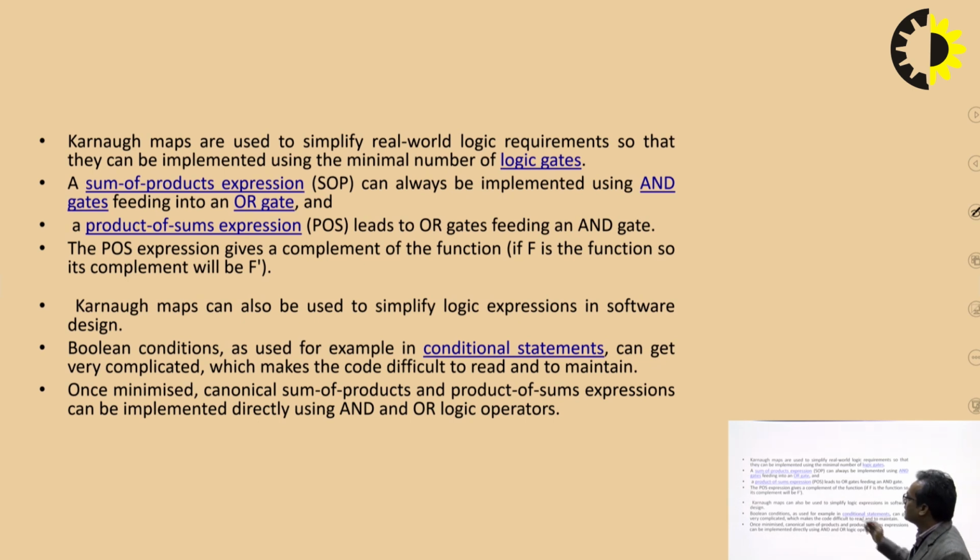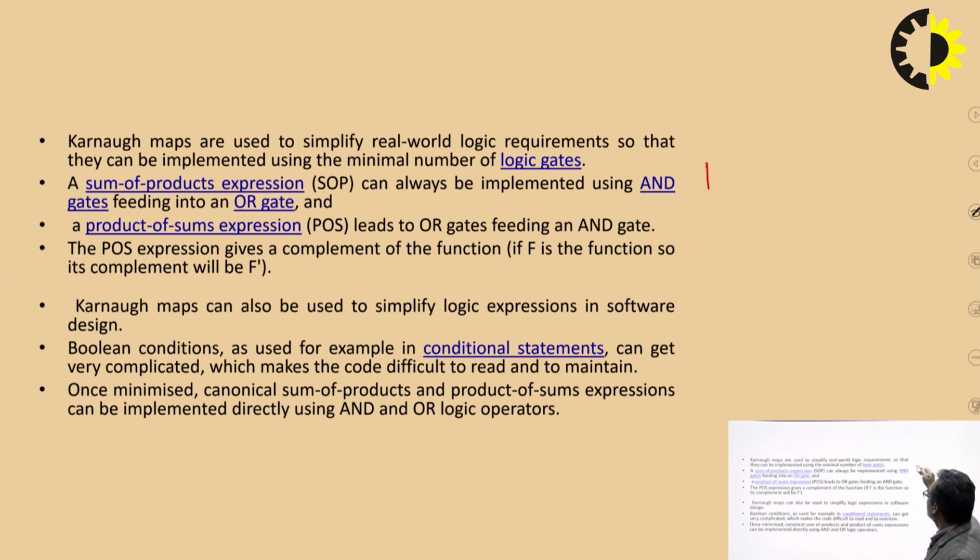Any sum of products expression can always be implemented with AND gates feeding into an OR gate. In the same way, any product of sums expression leads to OR gates feeding an AND gate.